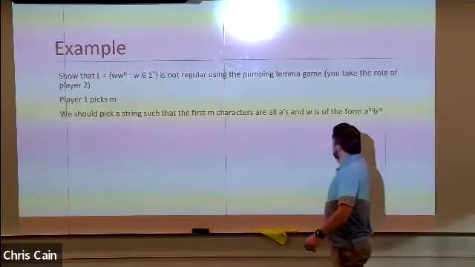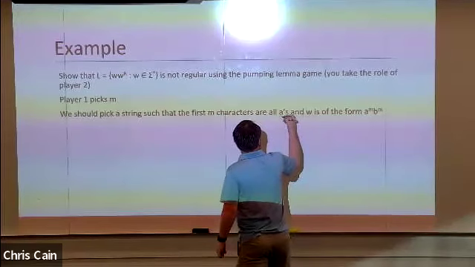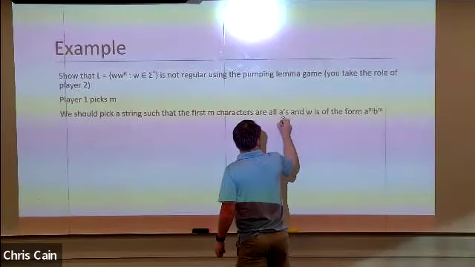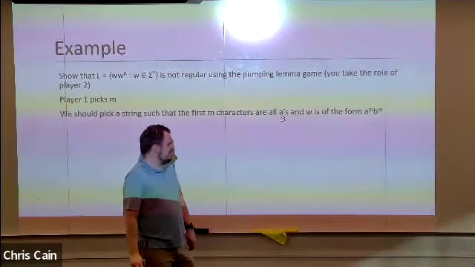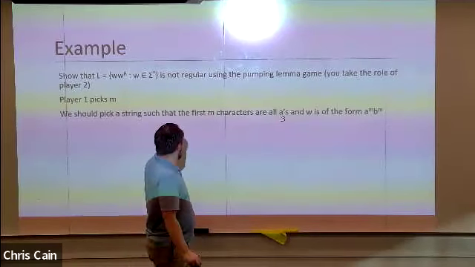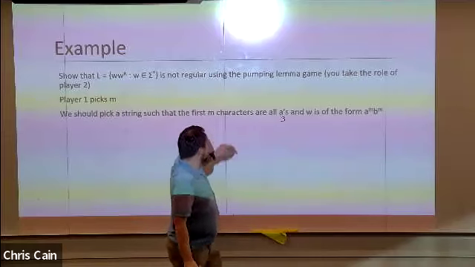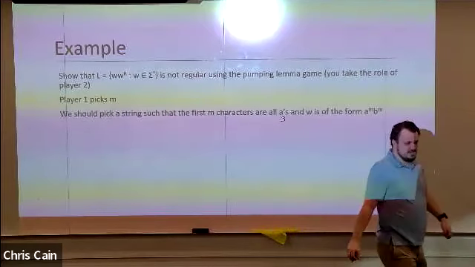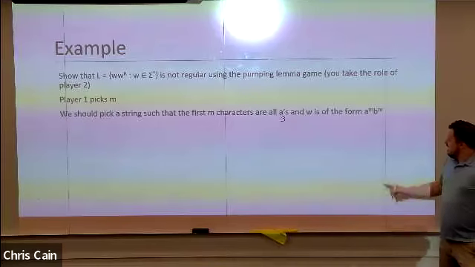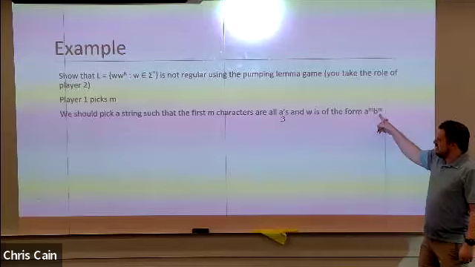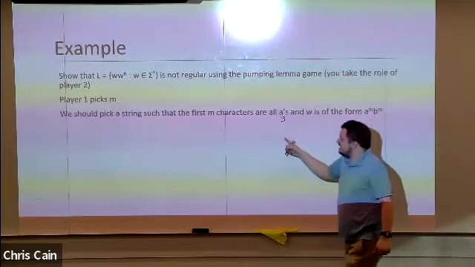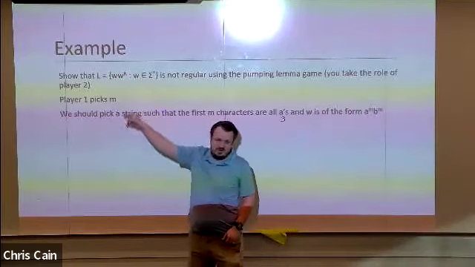So player one picks, let's choose something slightly smaller just for reference, player one picks 3. I think a DFA of 3 states exists. So now, what is a string since the first M characters are all A's, W is of the form A to the M, B to the M, and the string picked is of the form W W^R.